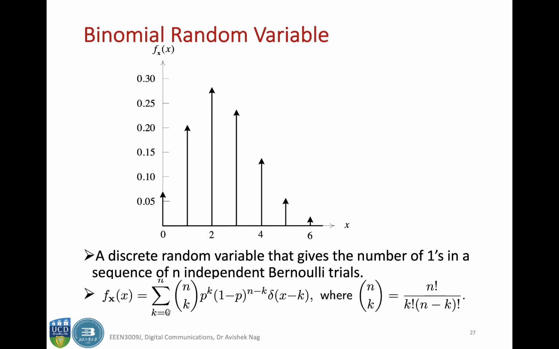Basically, this comes from the binomial distribution. What is the probability of the random variable x taking a value small x, that is given by this expression, and this is represented by this probability mass function.